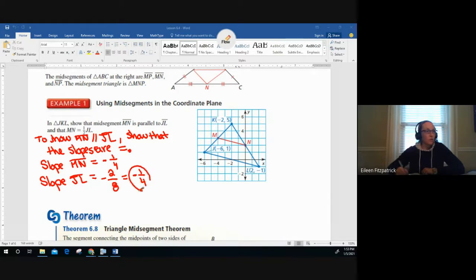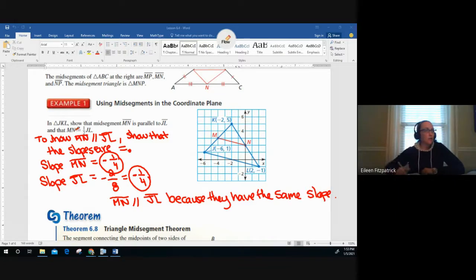So since they have the same slopes, that means the lines are parallel. So MN is parallel to JL because they have the same slope.